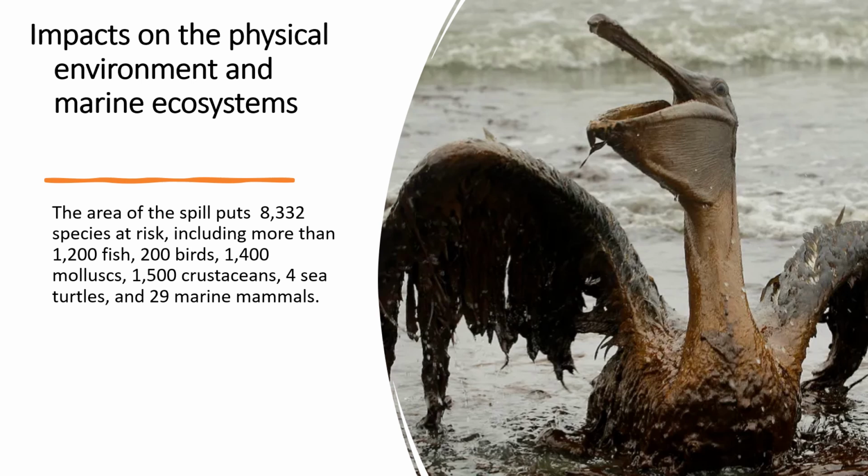It doesn't mix very well within the water column, so it floats on the top, and anything that lives or functions within that layer will become, as you can see, covered in oil, and that oil will then prevent those animals particularly from being able to feed or fly, so that environmental impact can be devastating. It can really destroy those food chains and food webs that exist in this environment.